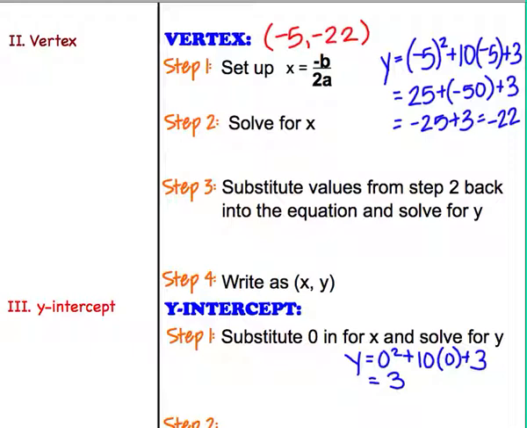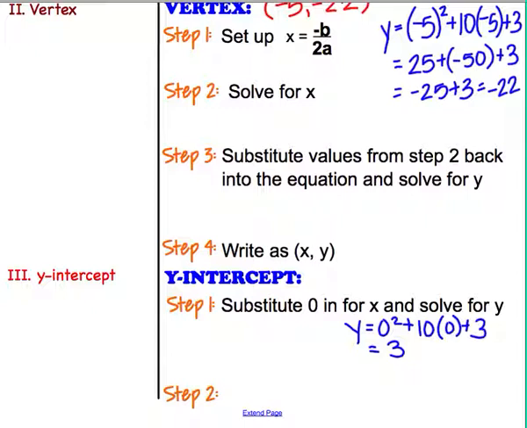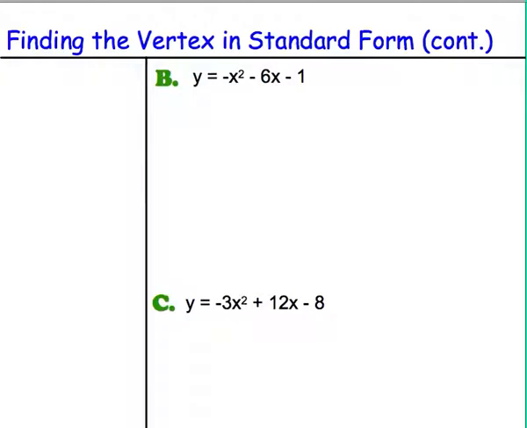And therefore, when we write it as xy, our y-intercept is 0, 3. Moving on to the next example, I want you, with the letter b, to go ahead and try finding the vertex, the axis of symmetry, and the y-intercept on your own, and then hit play when you're done.